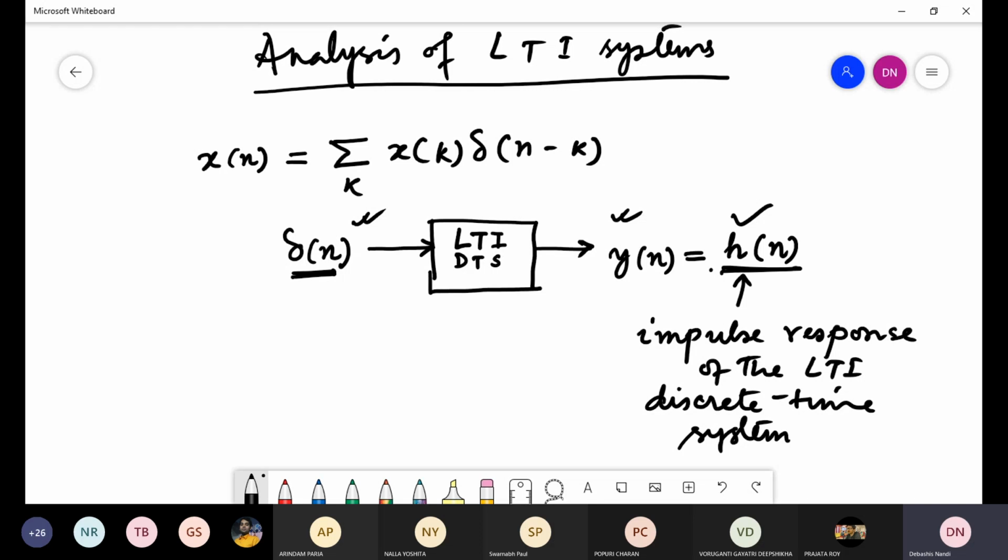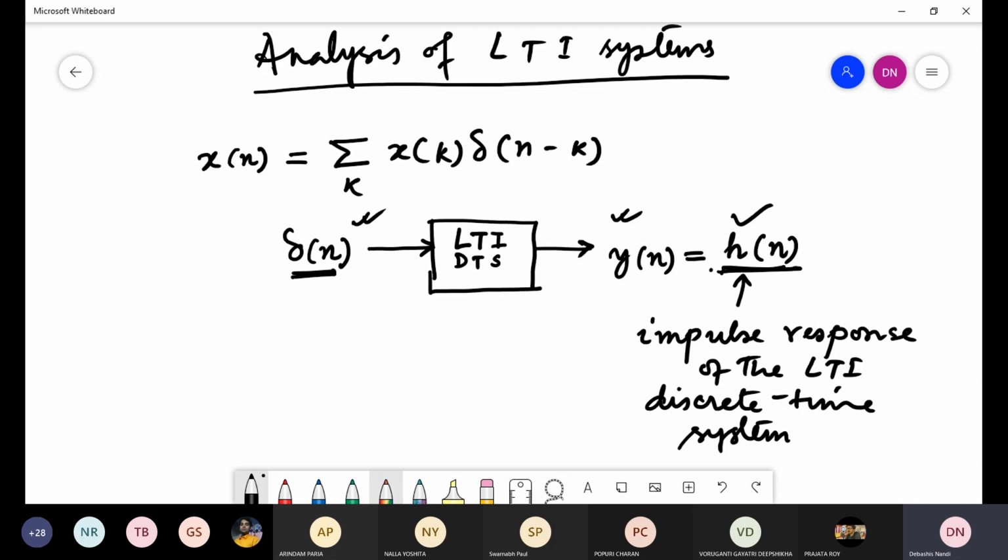Now, in most of the cases, actually, this h(n) for a particular LTI system will be given to you, and you have to find out the output of any arbitrary input signal. Okay, so h(n) will be given to you, and that's why h(n) is defined first.